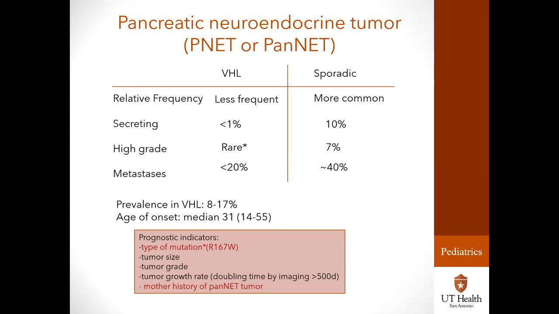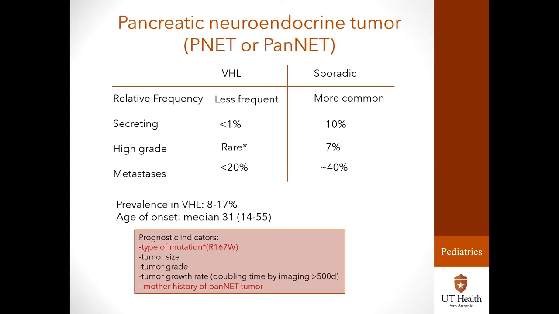Now, she does have some features that are of some concern. The type of mutation that she has, the arginine 167 tryptophan, is often associated with more aggressive forms of the disease. But the tumor size and tumor grade are also defining prognostic features, and in that particular case, so far, she has remained stable.